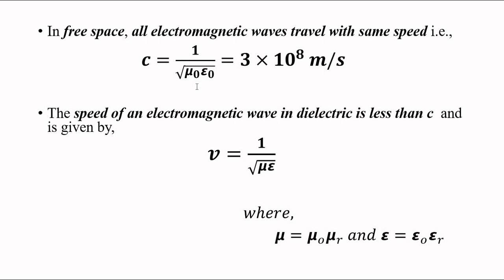Mu 0 is the absolute permeability of the medium, that is air, and epsilon 0 is the absolute permittivity of the medium, which in a way reflects their ability to transmit electric and magnetic fields through the air, free space.